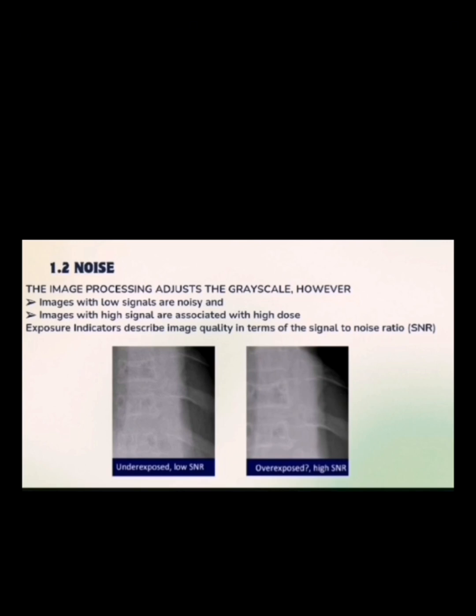As you can see in this picture, the underexposed x-ray has a low signal-to-noise ratio, while the overexposed one has a high SNR. Furthermore, this will be discussed by the next member.